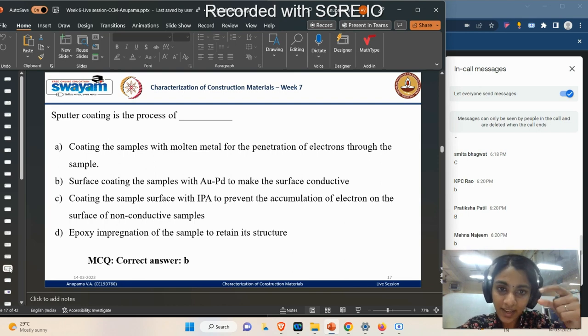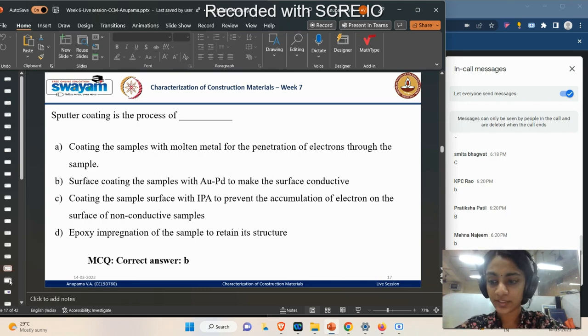That interaction volume might change depending upon the type of interaction, but the electrons don't need to move through the sample. Only the surface needs to be conductive. That can be done by coating the non-conductive samples with gold and palladium, such that the surface becomes conductive and the charging can be avoided.